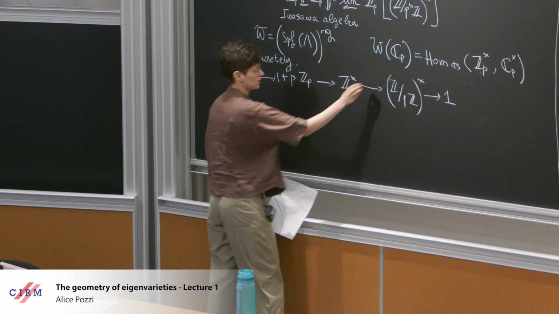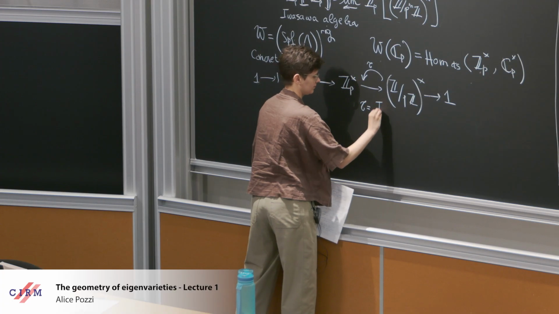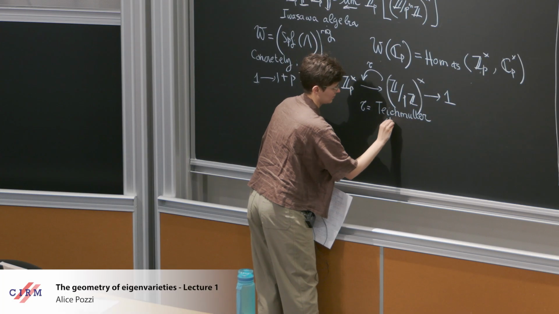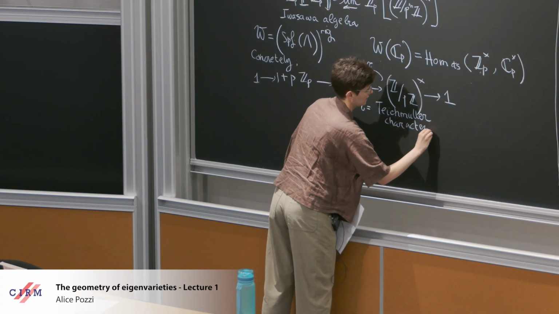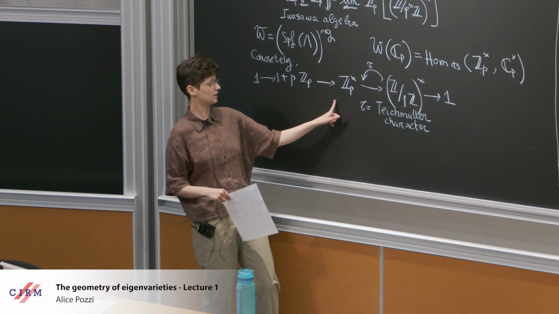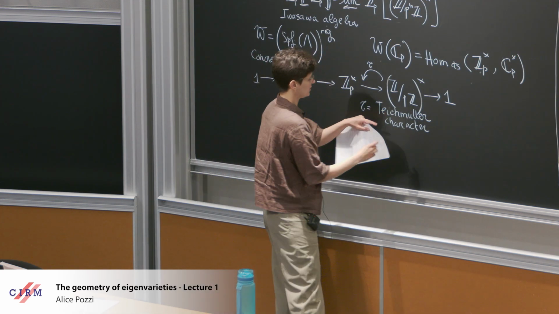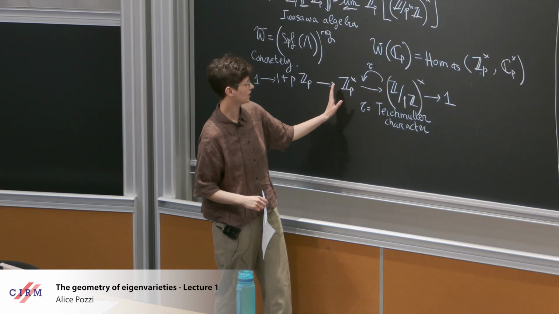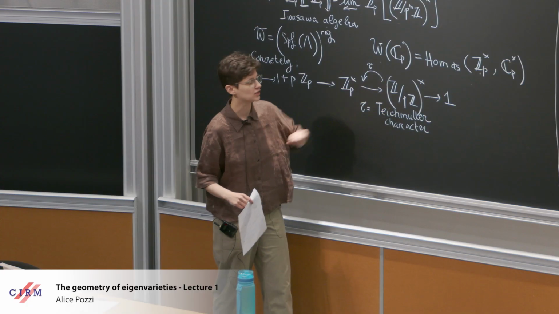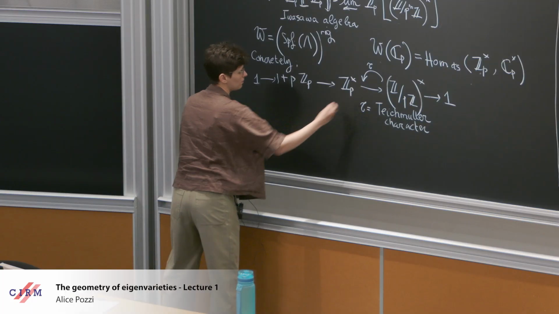This exact sequence splits, and the splitting is usually called the Teichmüller character, which takes an element in (Z mod p Z) units to the root of unity that reduces to that mod p. And I can view this, by composition with slight abuse, as a character from Zp star to Zp star, just with finite image. So this is one bit of the picture.